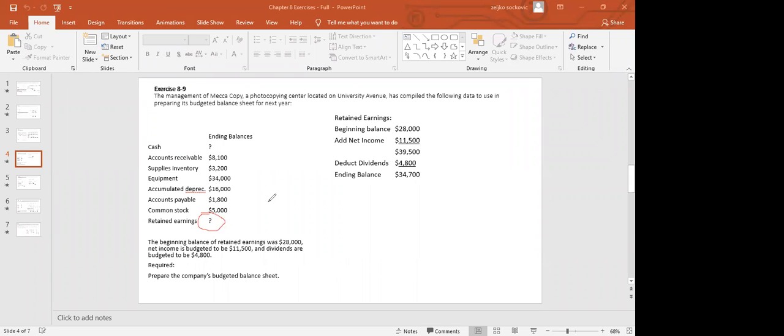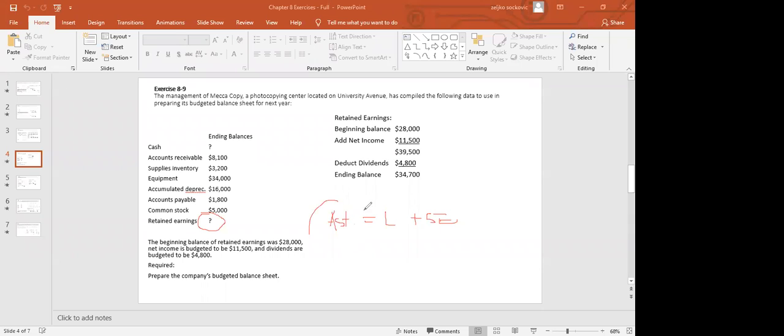Well, you have to remember, again, this is the part of accounting 2101, that your assets will be equal to your liabilities plus stockholders' equity, right?